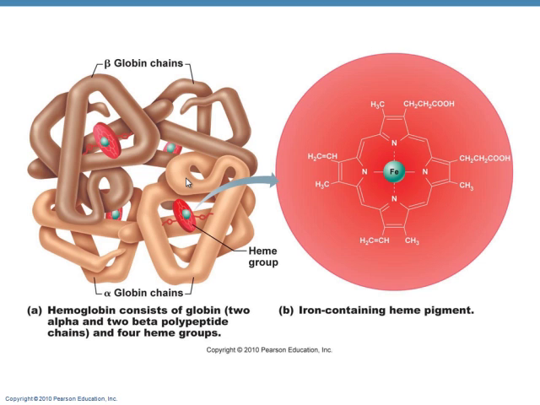And then smack dab in the middle of each of those 4 globular proteins that make up our quaternary protein, we have this molecule. And it looks like a frisbee in there. Yes? What's this? This is heme. Hemoglobin.